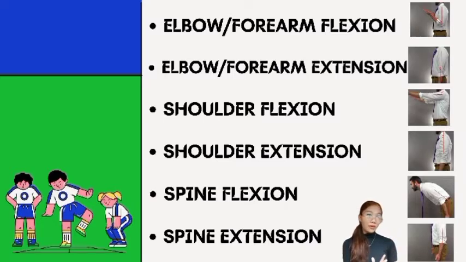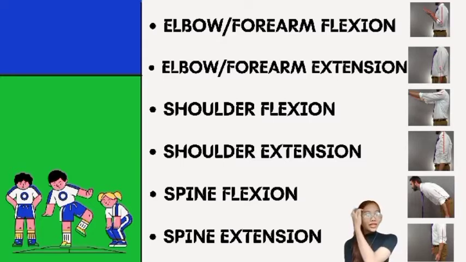So just look at our presentation para may guide kayo. And then, let's proceed to spine flexion. In spine flexion, the angle between spine and hip decreases. And then in spine extension, the angle between spine and hip increases.